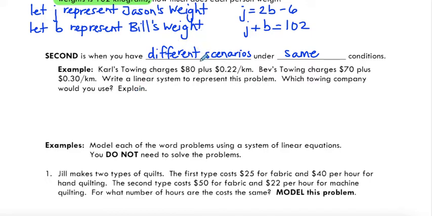So first of all, I need to come up with some variables. I want to know my total cost. So I might say, let C represent the total cost.